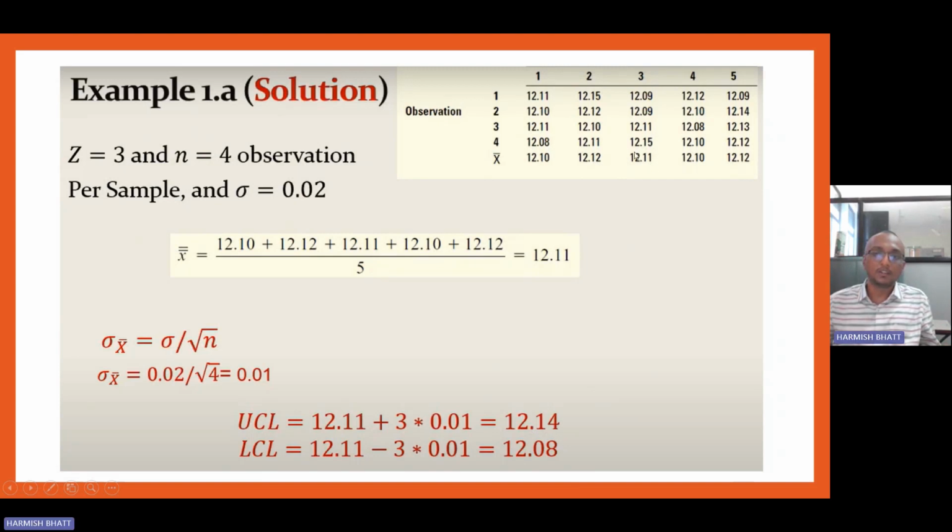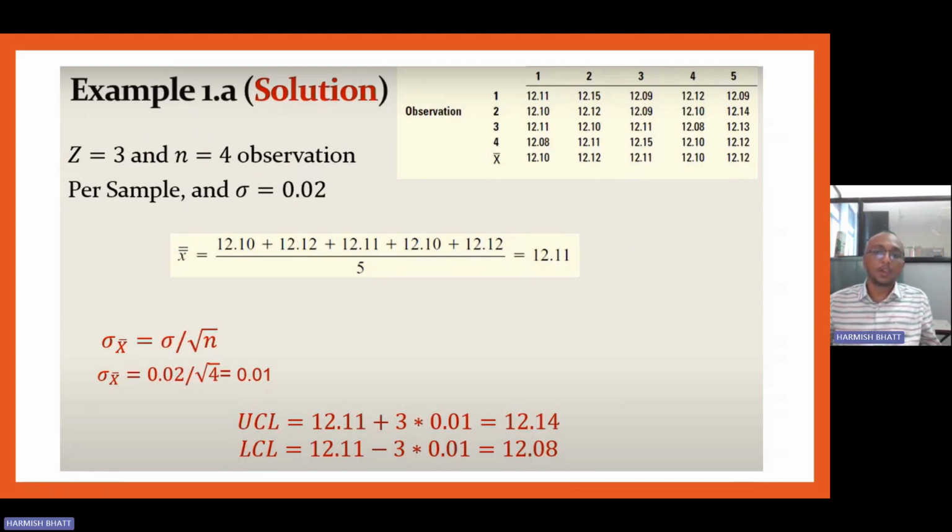Then the third one, X bar 3, 12.11, is also an intermediate point between 12.08 and 12.14. Then point number 4, or X bar 4, that is 12.10, again lies between this limit, and X bar 5, 12.12, also lies between UCL and LCL. It means that this particular process is under control.